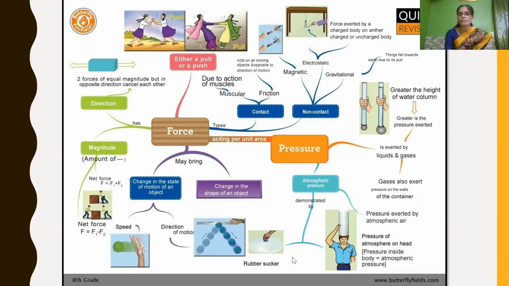And what is pressure? Pressure is nothing but force acting on a unit area. The factors on which pressure depends are force and area. The more the force, the more the pressure.